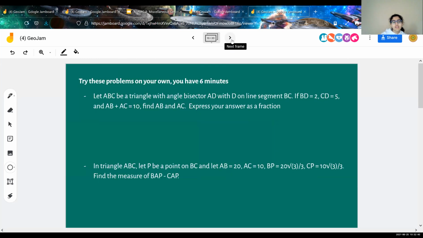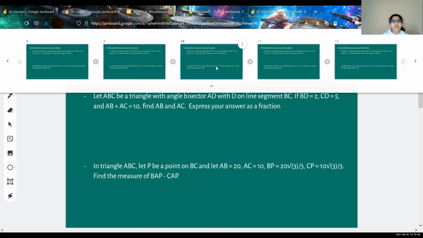So for the person who messaged me in the chat that it's not working for them, on this you can see the Jamboard. And for the person who just joined, here's the link to the Jamboard. Make sure you're doing your work on it, and make sure you put your name on whatever frame you are using.